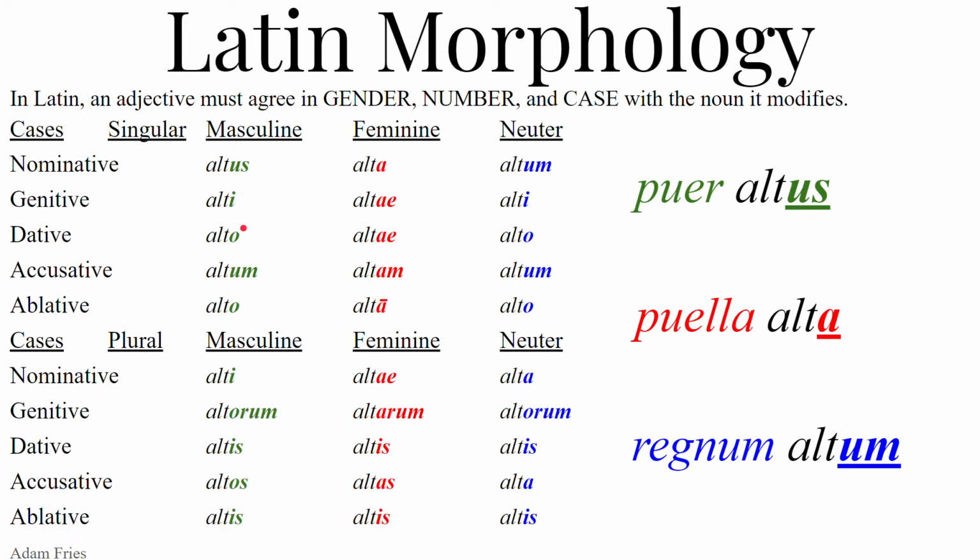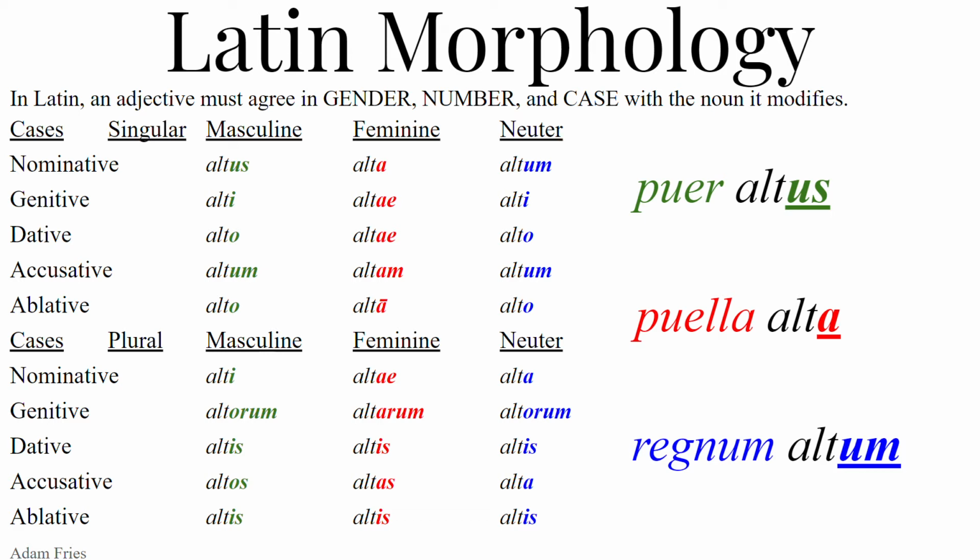Us, i, o, um, o, i, orum, is, os, is. Here we have the feminine, alta. The feminine will use first declension feminine endings. A, ae, ae, am, a, ae, arum, is, as, is. And then the neuter will use second declension neuter endings. Um, i, o, um, o, a, orum, is, a, is.